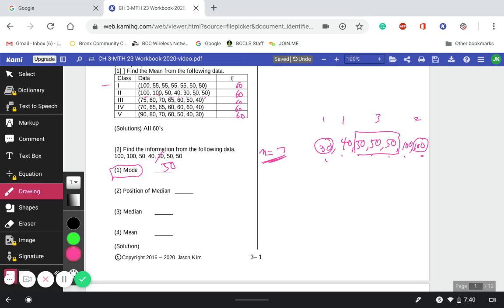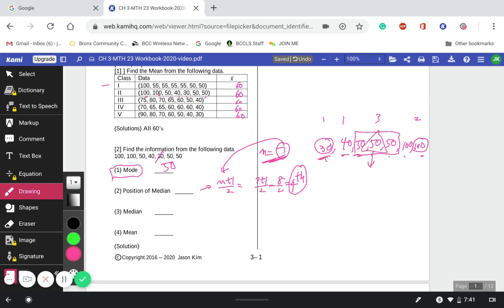And position of a median. So what was the formula to get a position of a median? Formula was n plus 1 divided by 2, right? And since n was 7, it's 7 plus 1 divided by 2, 8 over 2, which is fourth. So what does that mean? The fourth value is the position. Fourth is the position of a median. So first, second, third, fourth.